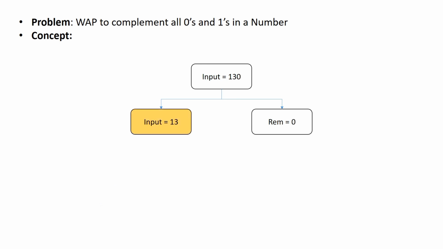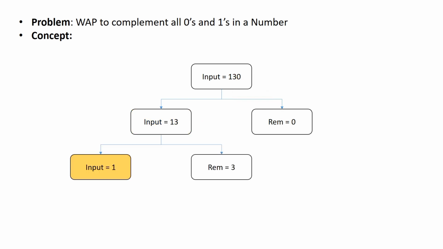Now 130 will be further divided into two parts. The remainder will be 0 and the next input will be 13. Now 13 will be divided with remainder 3 and the input to the next function call will be 1.